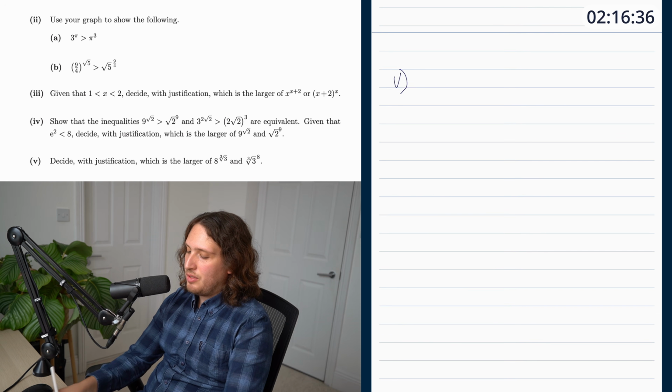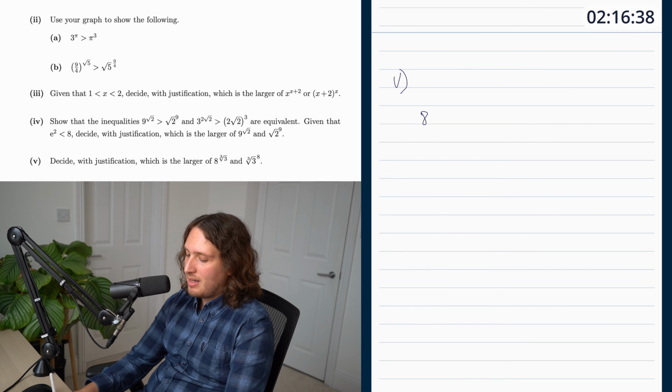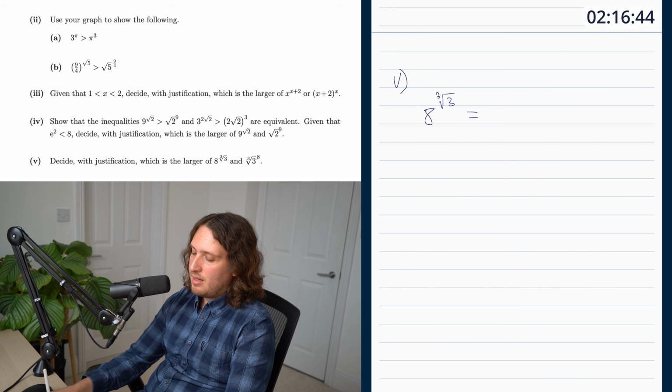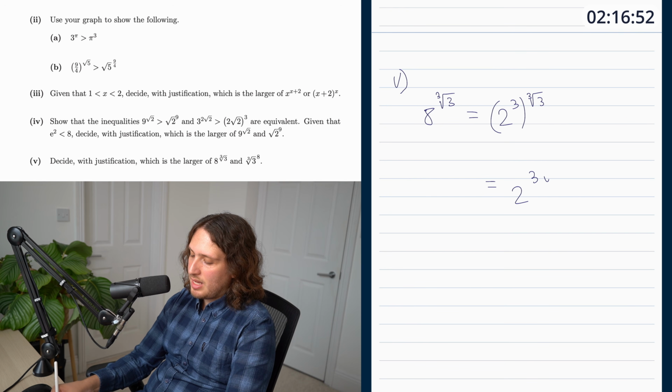So 8 is a power of 2. So 8 to the cube root of 3 is 2 cubed to the cube root of 3, which is 2 to the 3 cube root of 3.